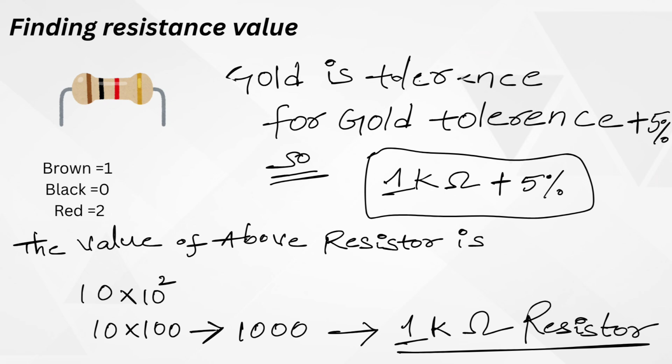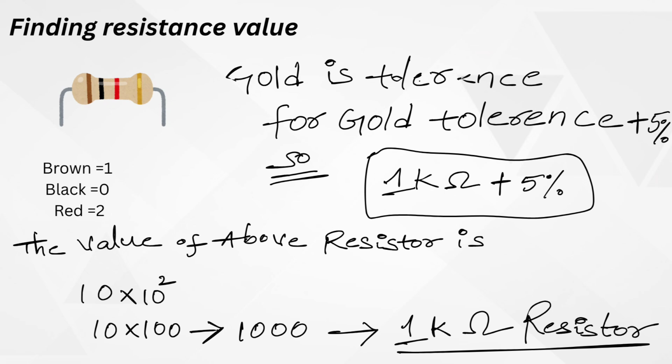If we observe this resistor, there are four colors on it, right? If a resistor has 4 colors, that resistor belongs to the 4 color band. If a resistor has 5 colors, it belongs to the 5 color band. But in this resistor there are 4 colors, so this belongs to the 4 color band. We already know the values of the particular colors.